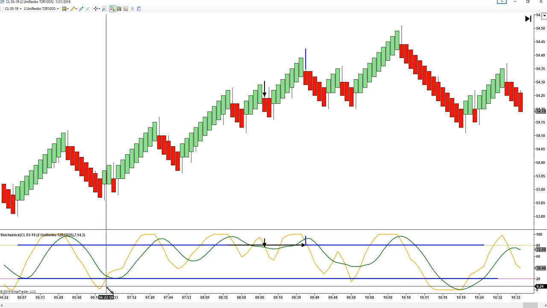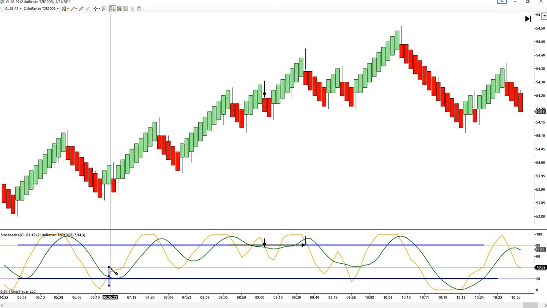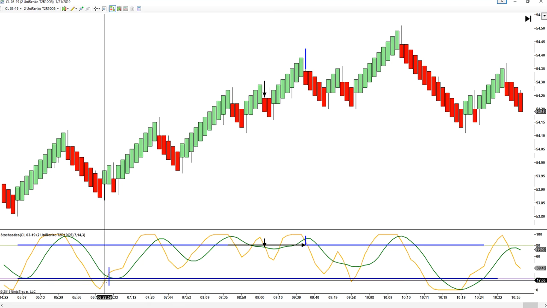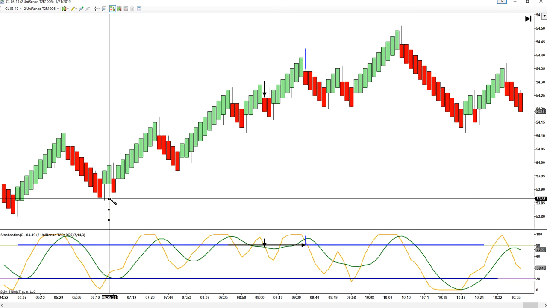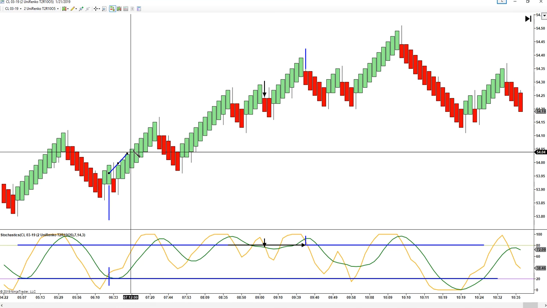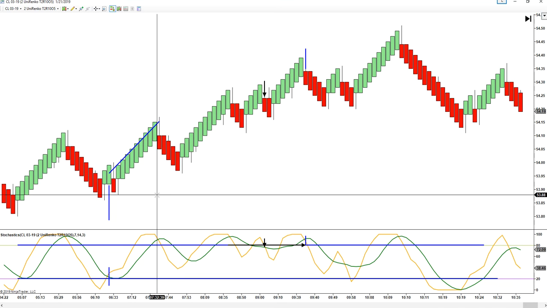Now here would be a long signal right here. Coming up from oversold, cross over the signal line, and you get a long signal right here. And you do get a long move.